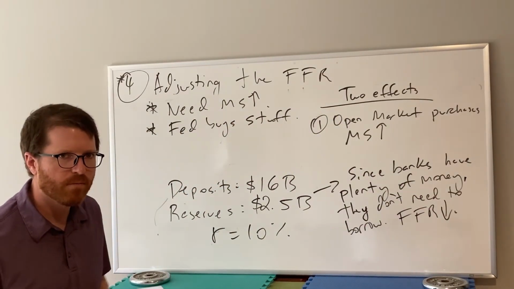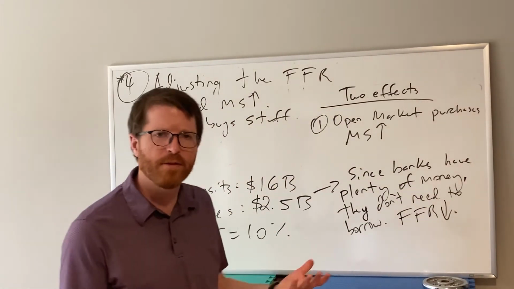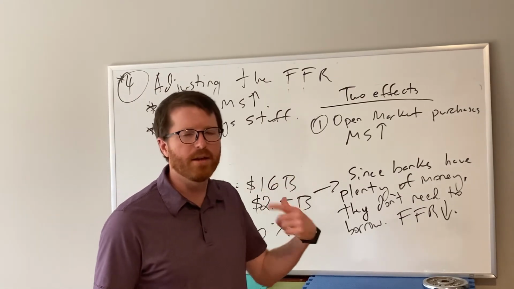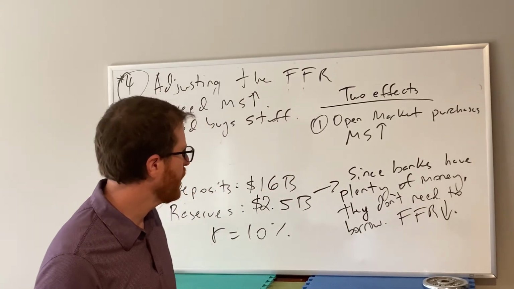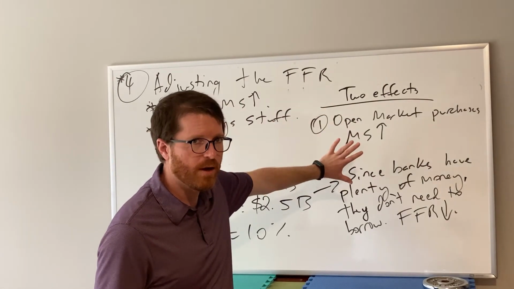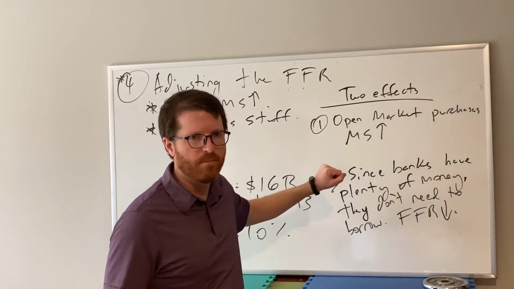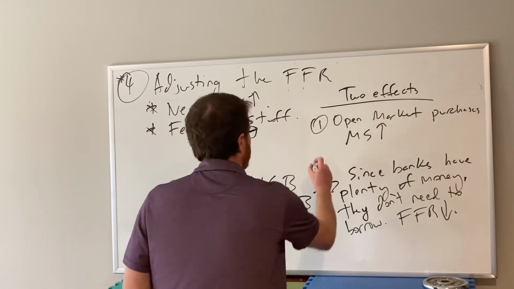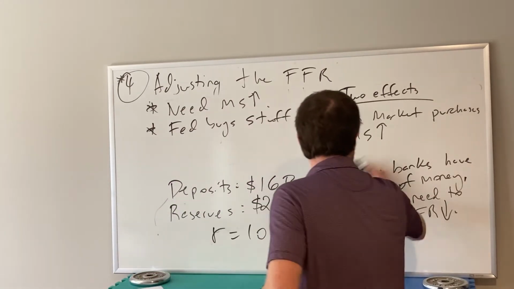Okay? We're going to be thinking about this graphically soon, and I think that will help instill this idea when you see it on a graph. So when open market purchases occur, right, that alone makes the money supply go up. But the second effect is what the Fed really cares about.